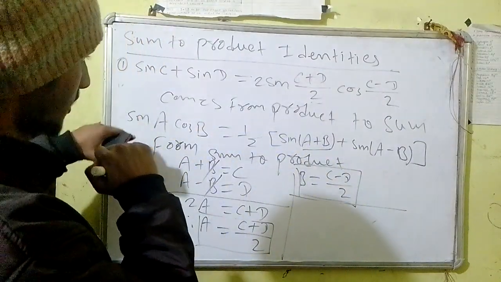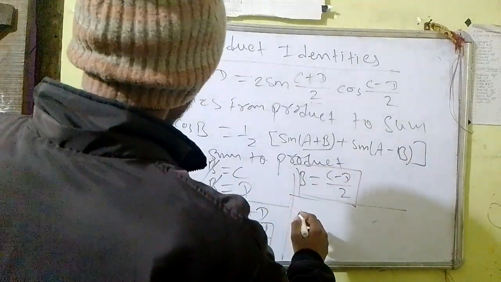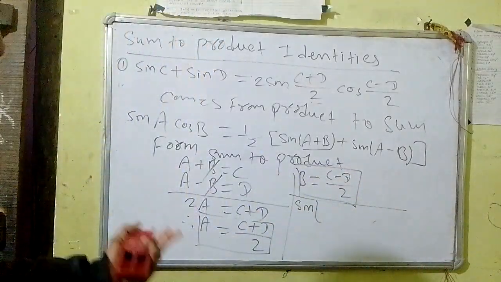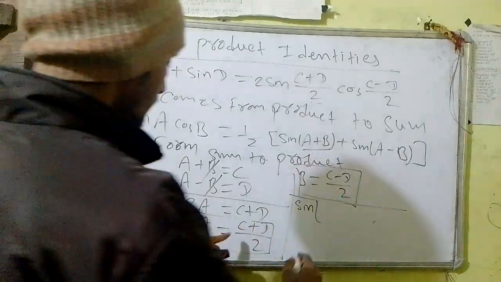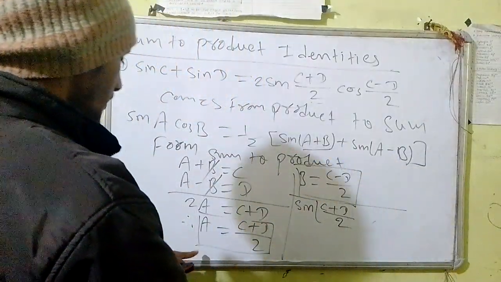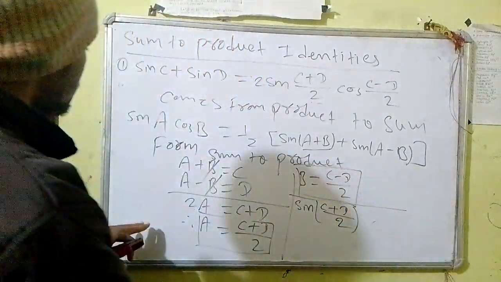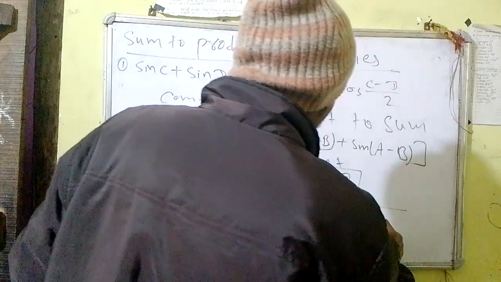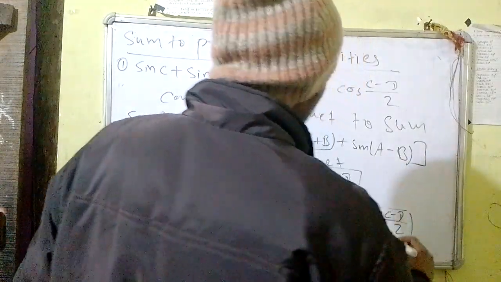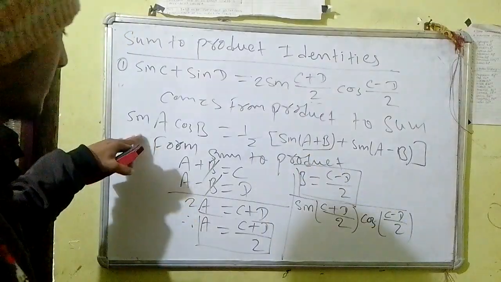This identity will be transformed. So sine A, instead of A, I'm going to write C plus D over 2. And this is cosine, and B is C minus D over 2. So sine A cosine B.